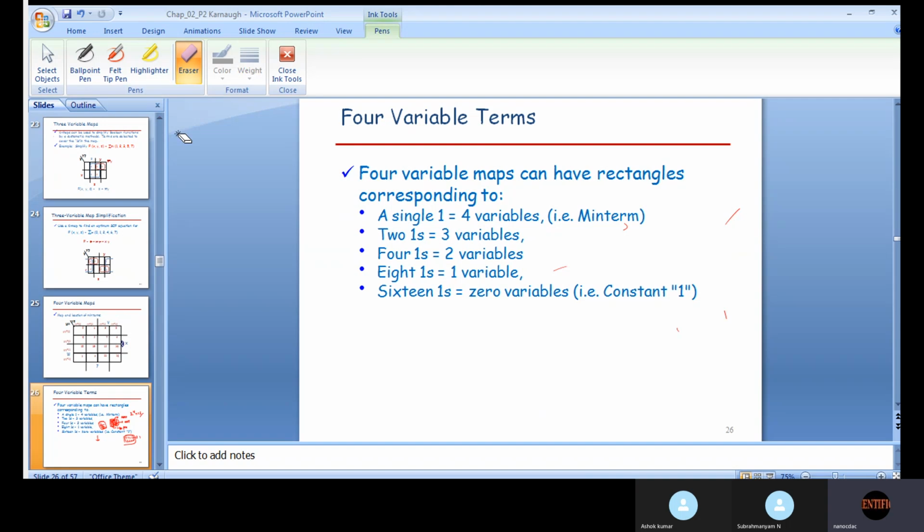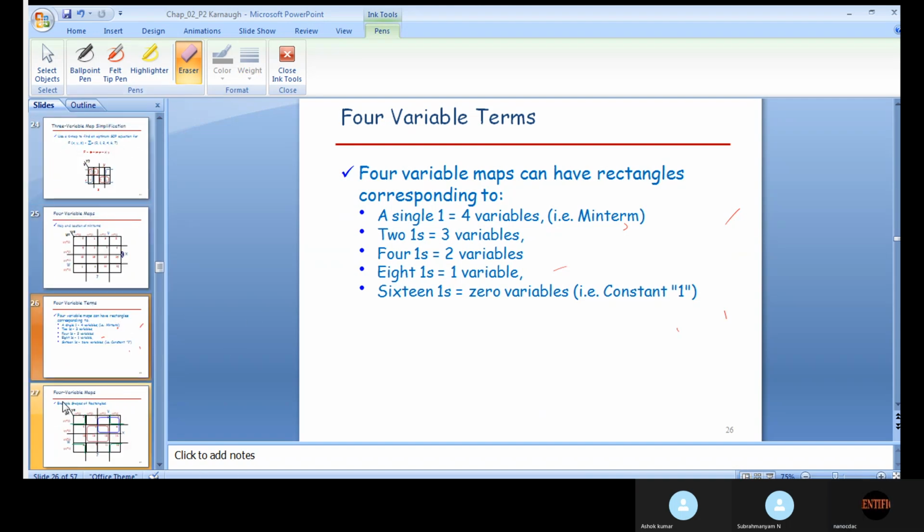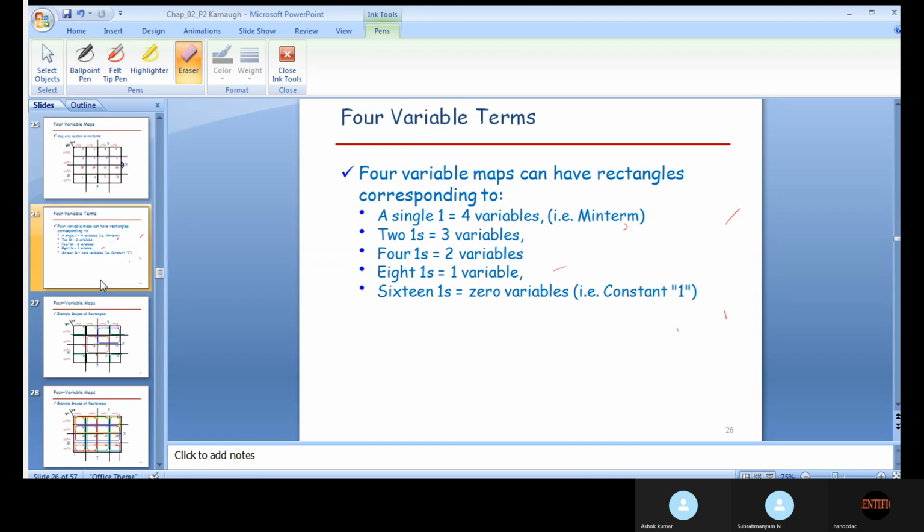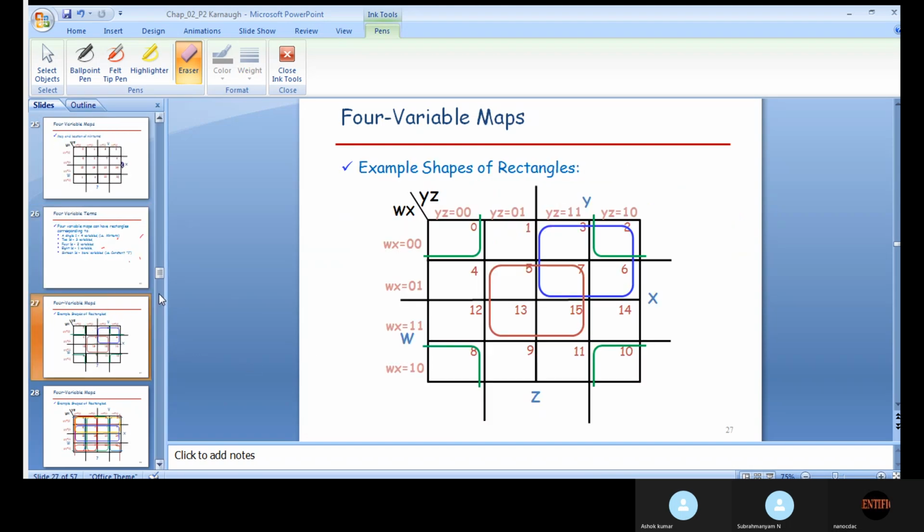See here, these are the shapes of the four variable K map.